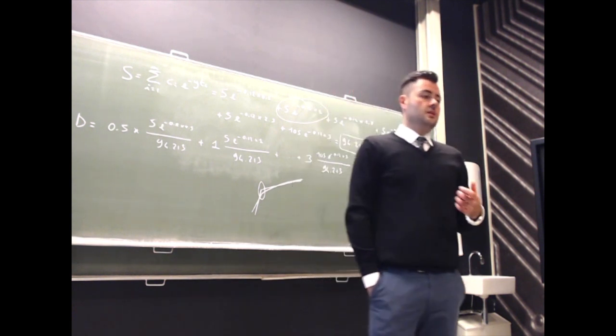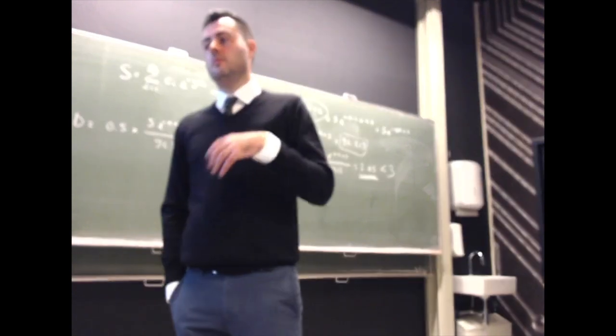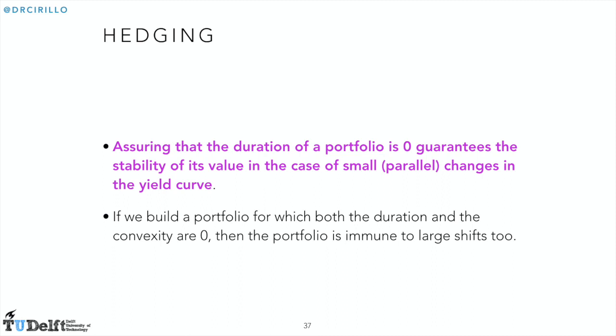But you can imagine that if I build a portfolio and I intervene on the portfolio in a way such that duration is 0, essentially I'm building a portfolio that is immune to small changes in the interest rates, in the yields.